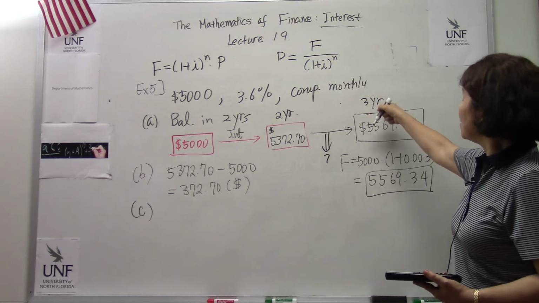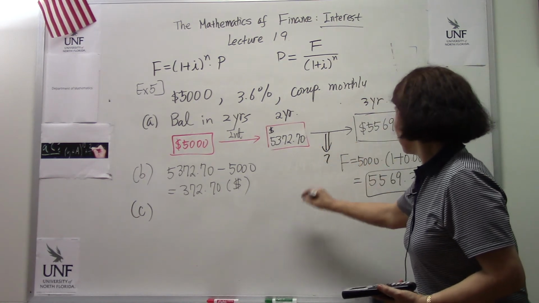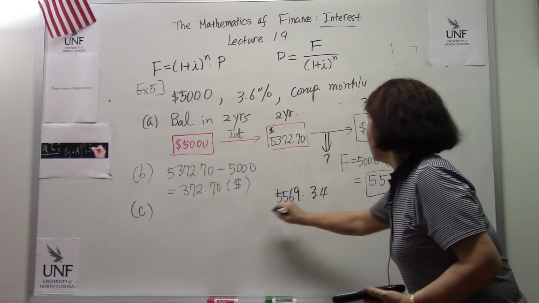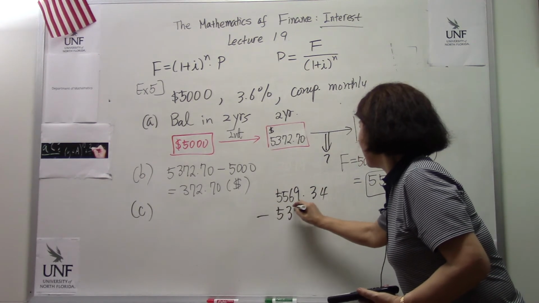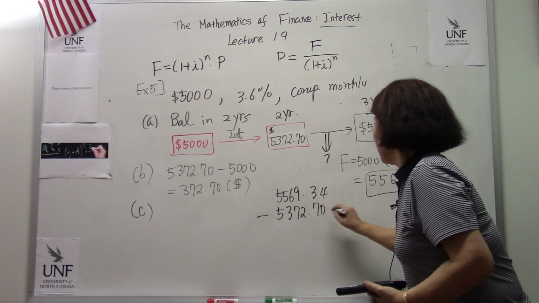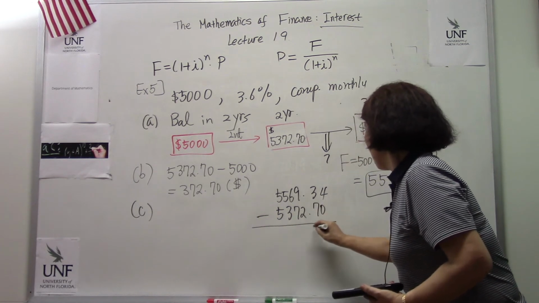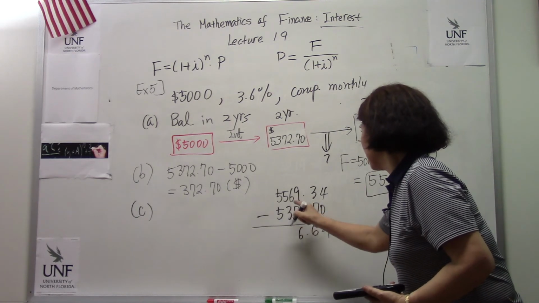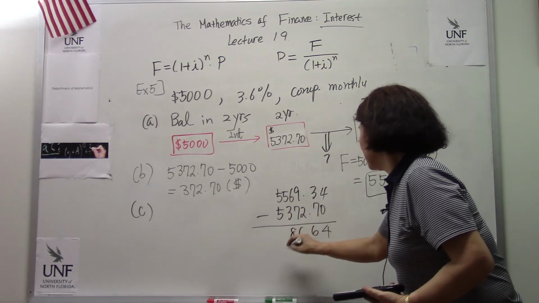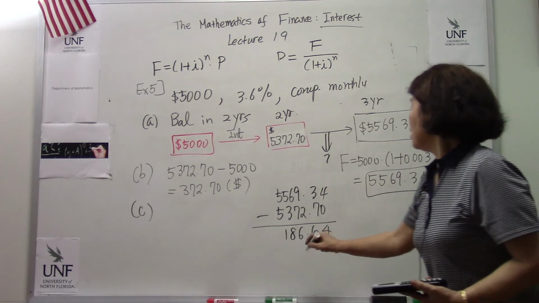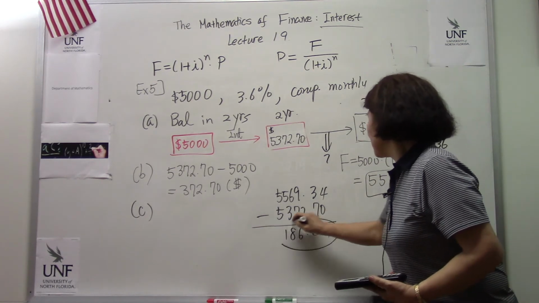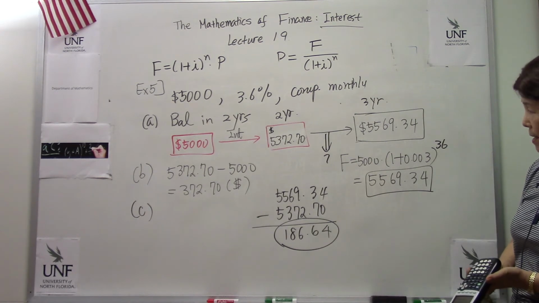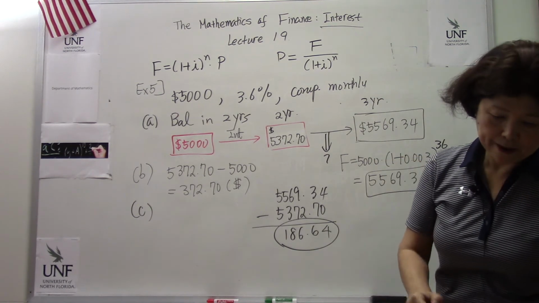This is the amount by the end of the third year, so take the difference: 5,569.34 subtract 5,372.70, which gives $196.64. This is how much you get during the third year.